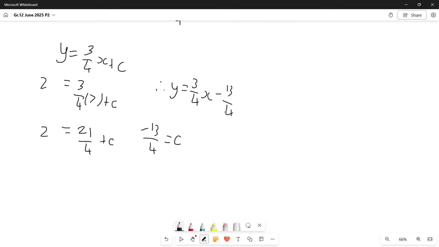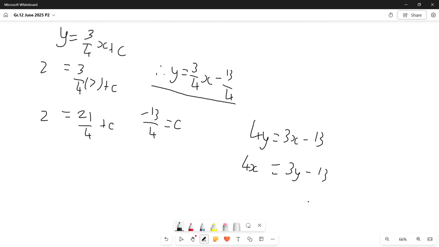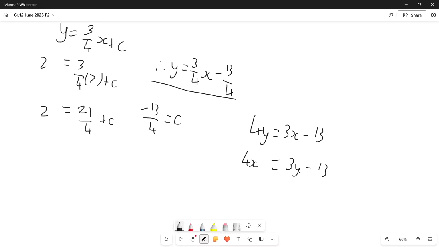So if we multiply everything by 4, because there's a common denominator of 4, we have 4y equals 3x minus 13. This makes it a lot neater for us to then swap our x and our y, because we are getting the inverse to this tangent, which means we get 4x equals 3y minus 13 over here. And then from there, we can just isolate for y, because we want the equation of the inverse.